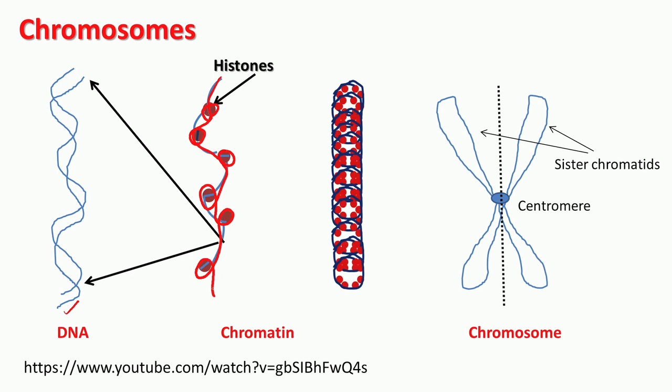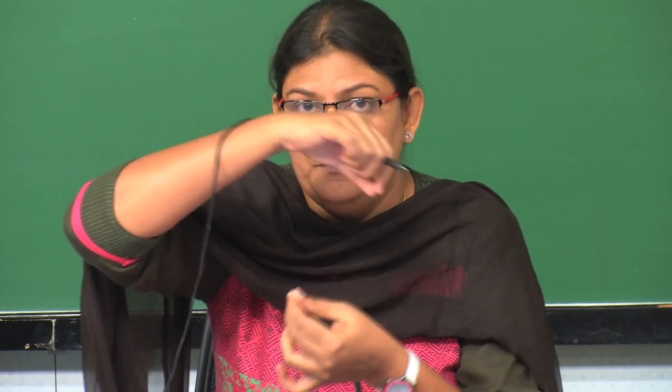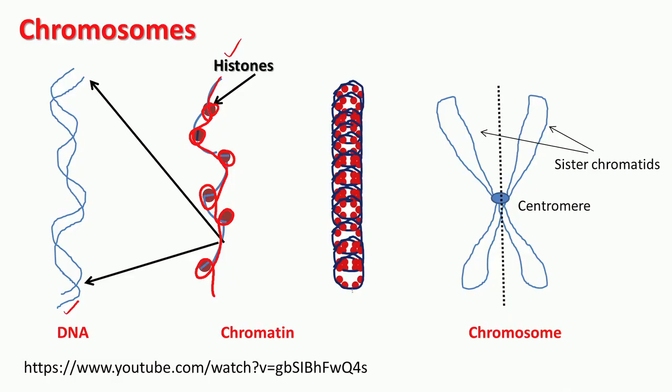So, it is like you have a string of beads where around each bead the DNA strand wraps, and those proteins are called the histones. Now, that is the first order of organization, and then this string of beads will further coil in a helical fashion and pack over each other, and they will form nucleosomes.